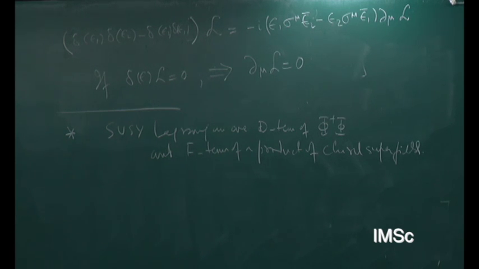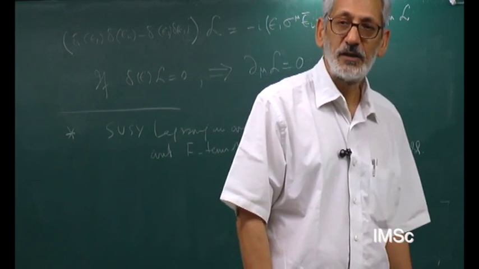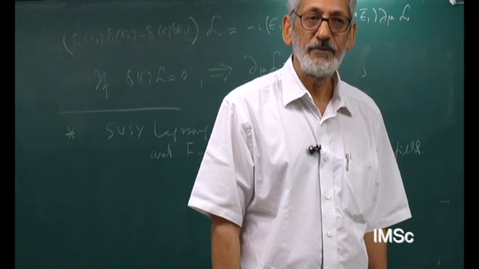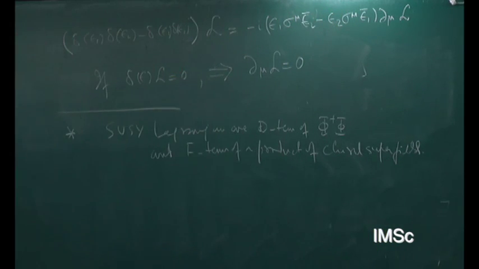Now, so far we talked about supersymmetric theories which contain only scalar fields and fermions. We did not talk about supersymmetric theories which contain vector fields. Now we'll start a discussion of theories with vector fields. For that we have to introduce a new kind of superfield.